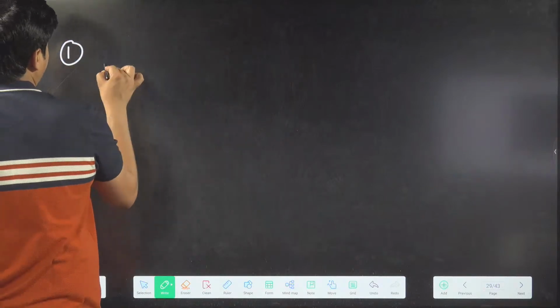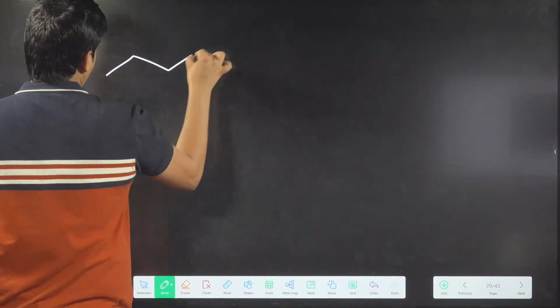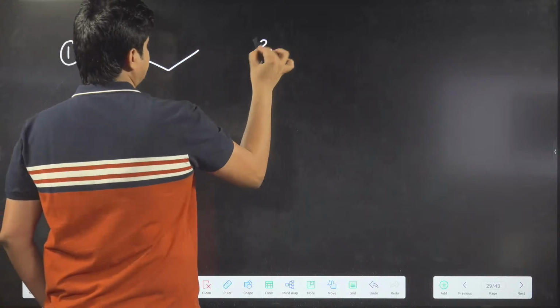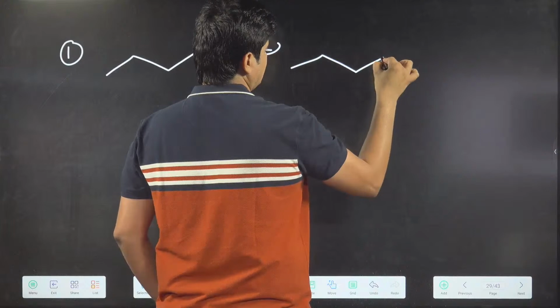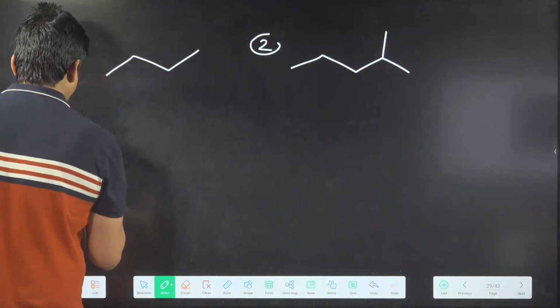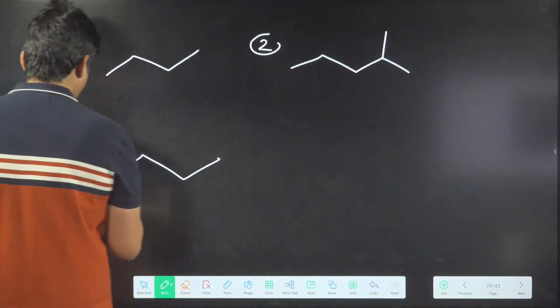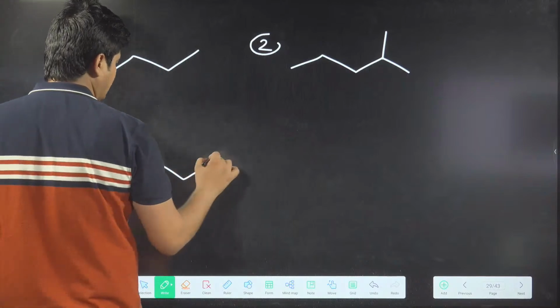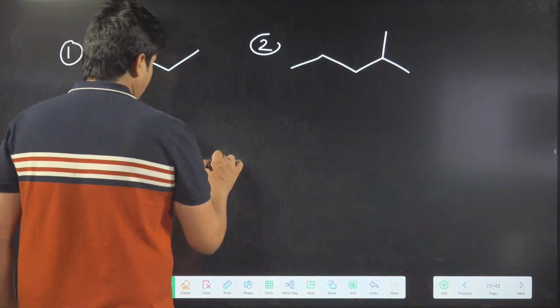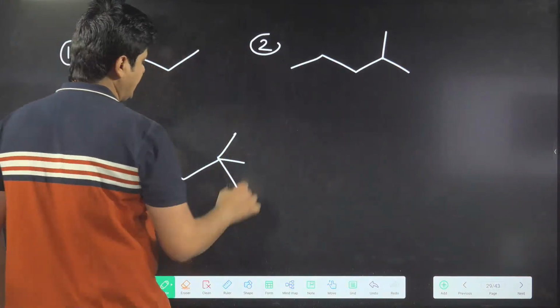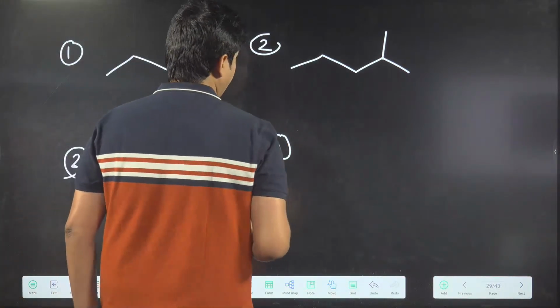For example, if they are asking which of the following alkane can be oxidized by KMnO4.